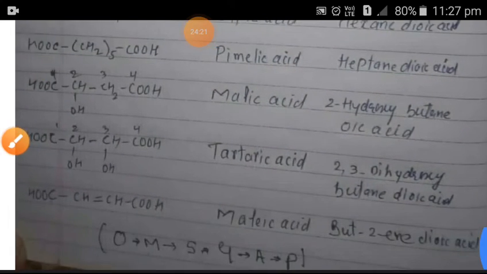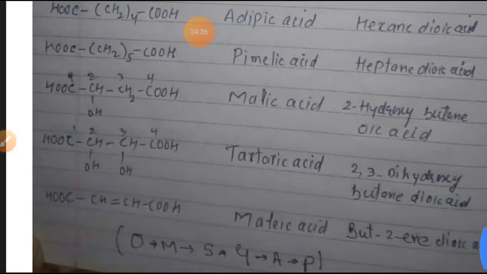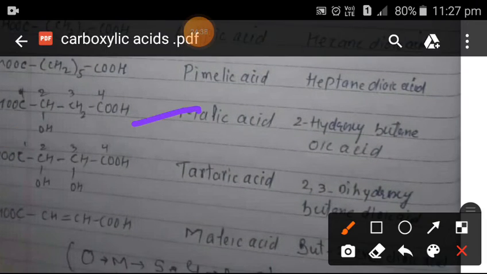So accordingly, the name of the compound is 2,3-dihydroxybutanedioic acid. There are two COOH groups. That's why it is called 2,3-dihydroxybutanedioic acid. Clear? So here one thing you must remember for this molecule. One second.